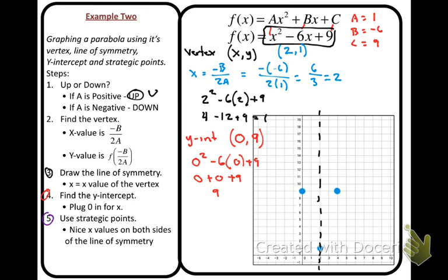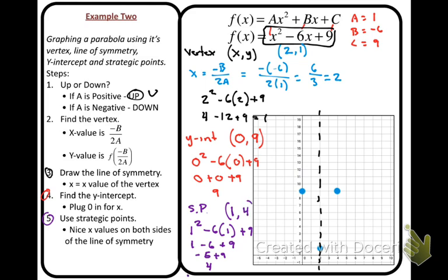So for my strategic point, I'm going to label it SP. I know I'm plugging in 1, comma, and I'm going to figure out what I get when I plug in 1. So we have 1 squared minus 6 times 1 plus 9. 1 squared is 1, minus 6, plus 9. That's -5 plus 9. That's 4.